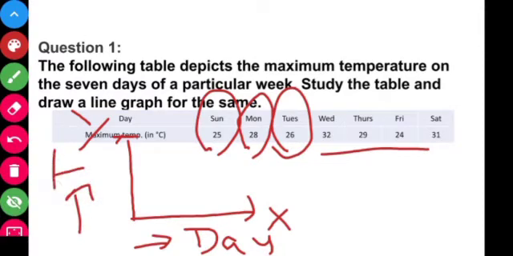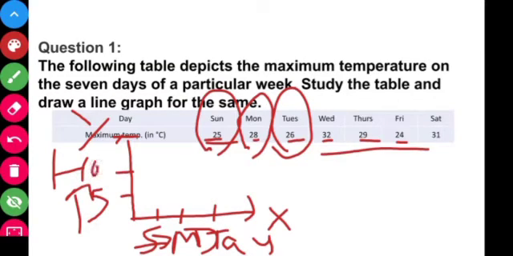Here write all days like Sunday, then Monday, then Tuesday. And on the y axis you have to take the unit of temperature. The values given are 25, 28, 26, 32, 29, 24. So take 1 unit equal to 5 degrees Celsius: 5, then 10, then 15, like that you draw.